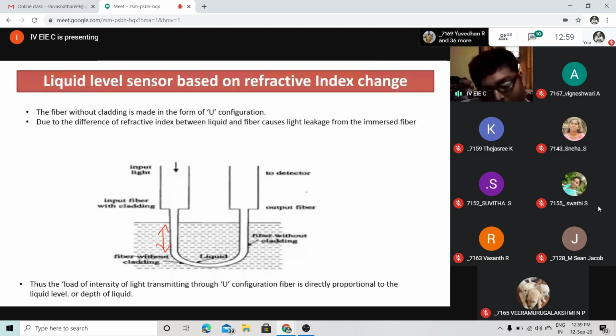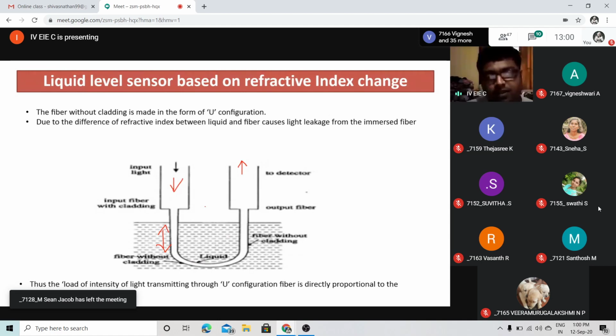The whole optical fiber cable will be let inside my liquid. Now the refractive index change will create reflections and light intensity variations. So I will analyze the intensity of the light that is being sent and reflected. This will give me the corresponding change in my liquid level.